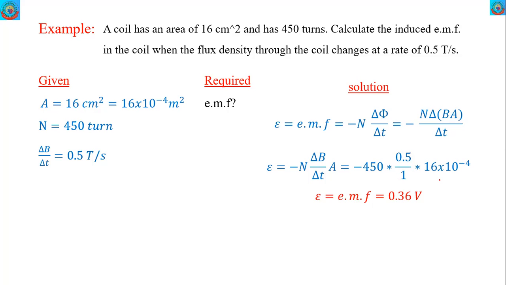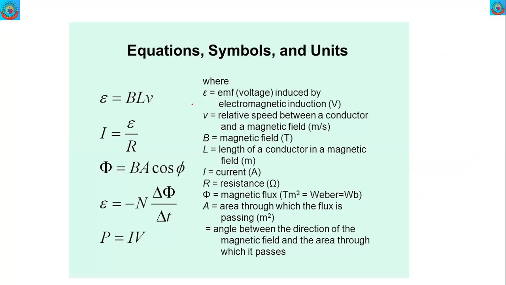Since it was done in the last example, you can see these there. So this is the induced electromagnetic field we discussed earlier, because of the motional effect, when the conductor wire is passing through electromagnetic fields, then this formula works.